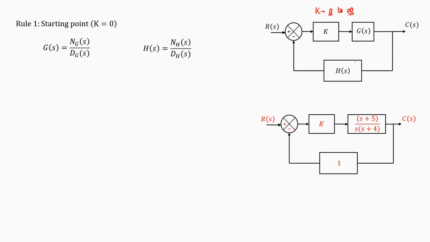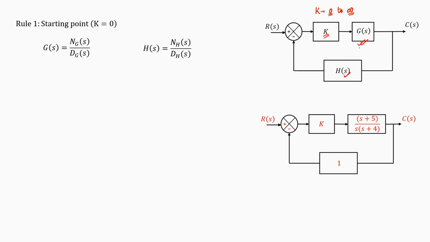Now again, another important thing which students get confused about: we are drawing the root locus for the closed loop system using the information of G and H here. K is getting varied from 0 to infinity.